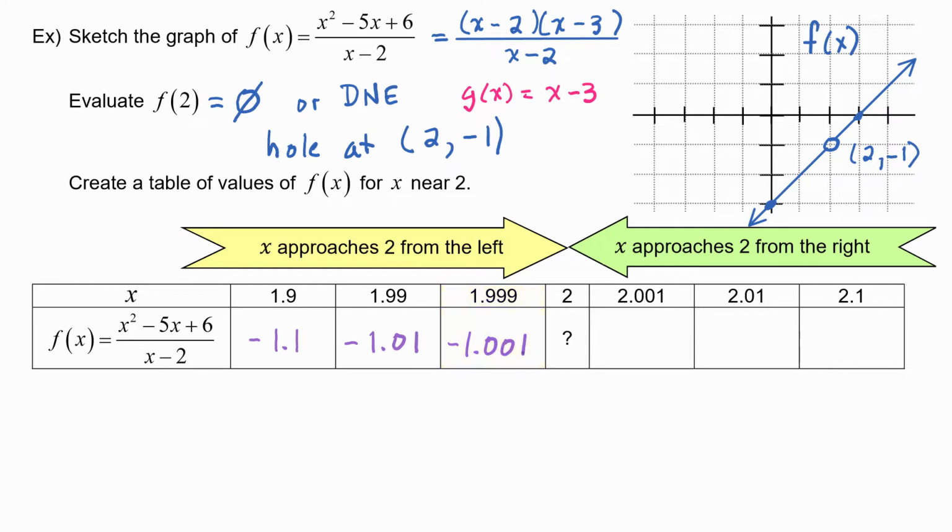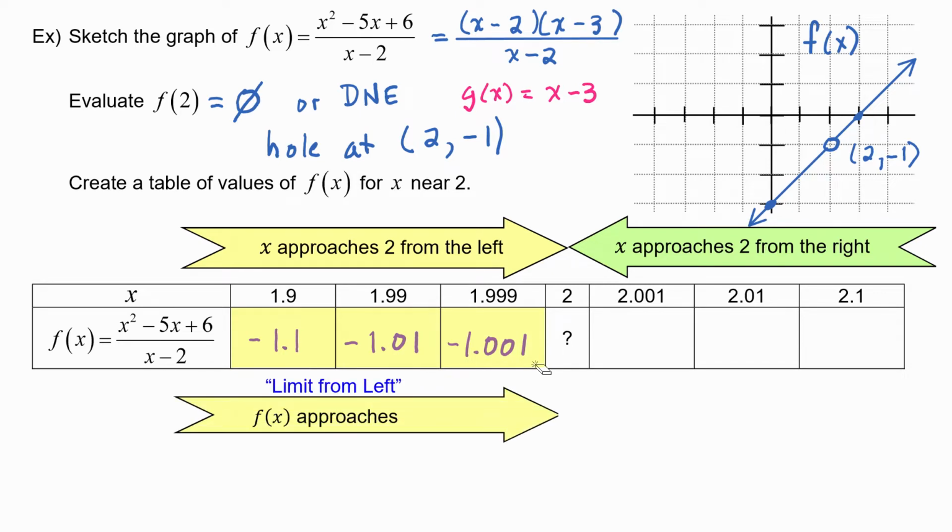And now, as we analyze this table of values, as x approaches 2 from the left, the y values are getting closer and closer to negative 1. So we say that the limit from the left-hand side is that f of x approaches negative 1.